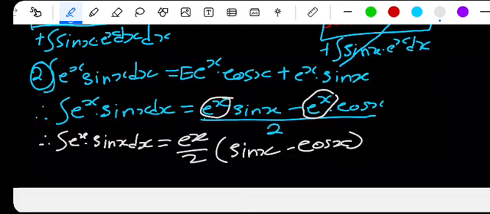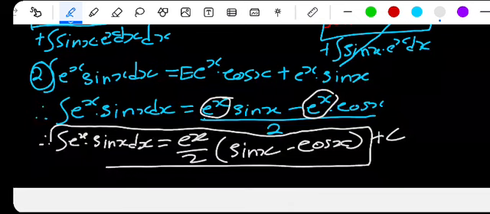That is what we have. We have integrated. This will be equal to this plus our constant c. This is what we will have.